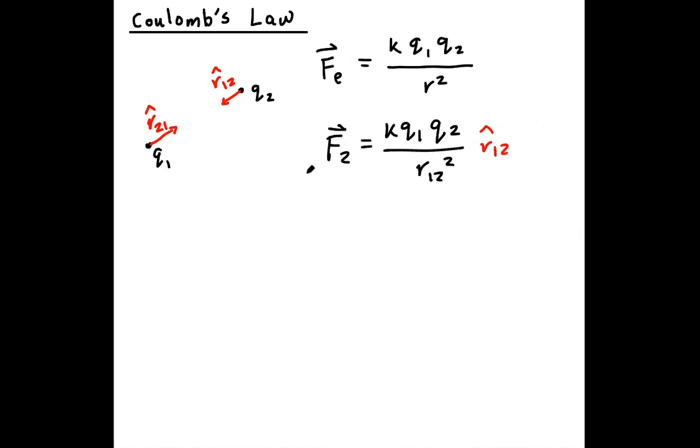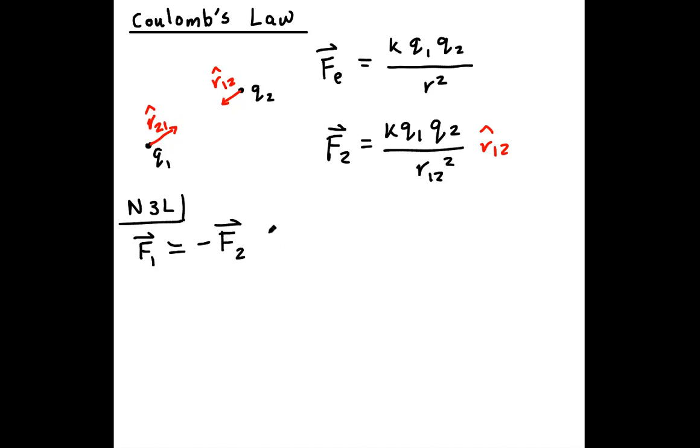Now, it's important to take note that the force Q1 feels as a result of Q2 can be better understood by Newton's third law. The force that particle 1 feels is equal in magnitude, but opposite in direction, to the force that Q2 feels as a result of Q1. So F1 is equal to minus F2.